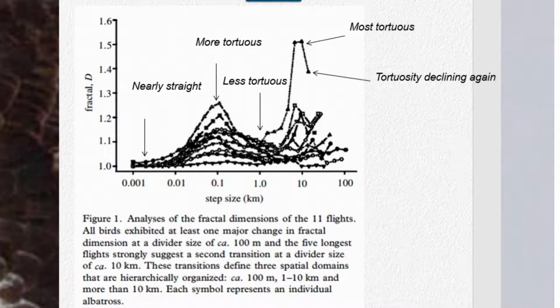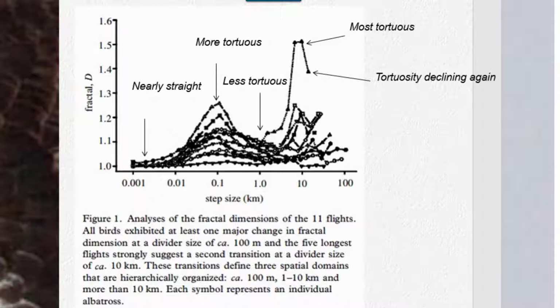In this figure, we see the path of all the 11 birds that were tagged. We can also see that all the birds exhibited at least one major change in the fractal dimension, or the D value, at a divider size of about 100 meters.